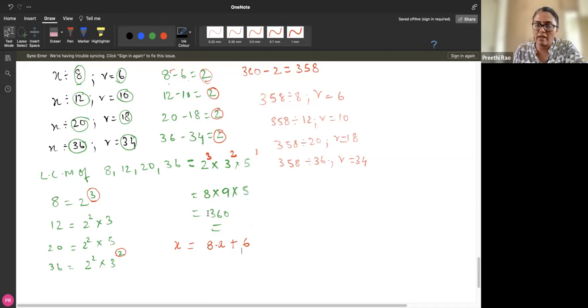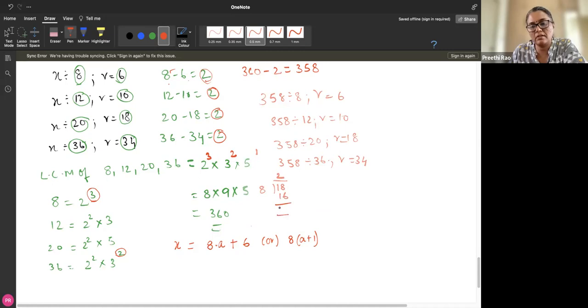Now, instead of multiplying 8 by a, what will happen if I multiply 8 by a plus 1, the next number? What will be the remainder then? Suppose I have 18 divided by 8. 8 twos are 16.